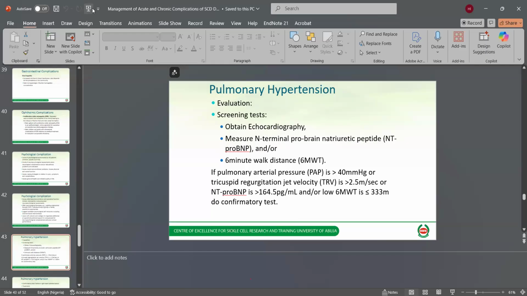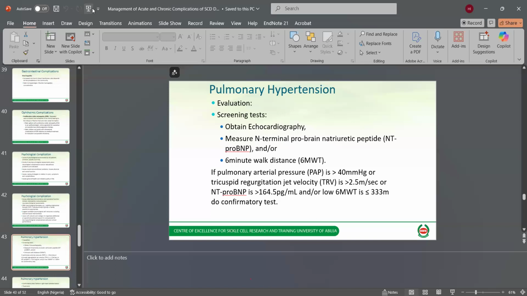Another chronic complication that can be seen in sickle cell disease is pulmonary hypertension. Screening tests include echocardiography, measurement of N-terminal pro-brain natriuretic peptide, or a 6-minute walk distance.